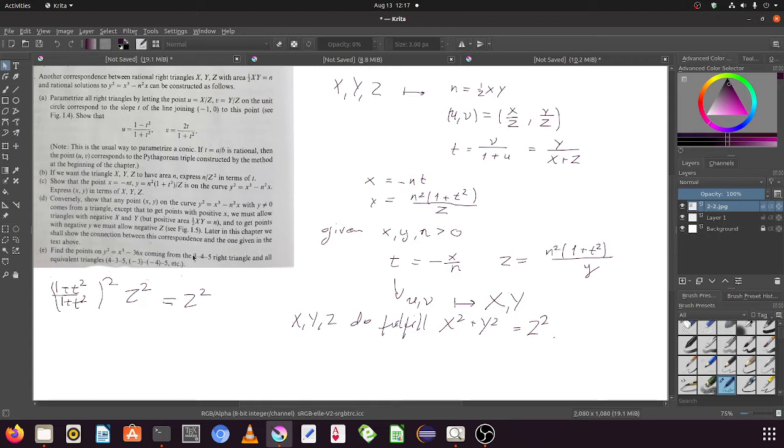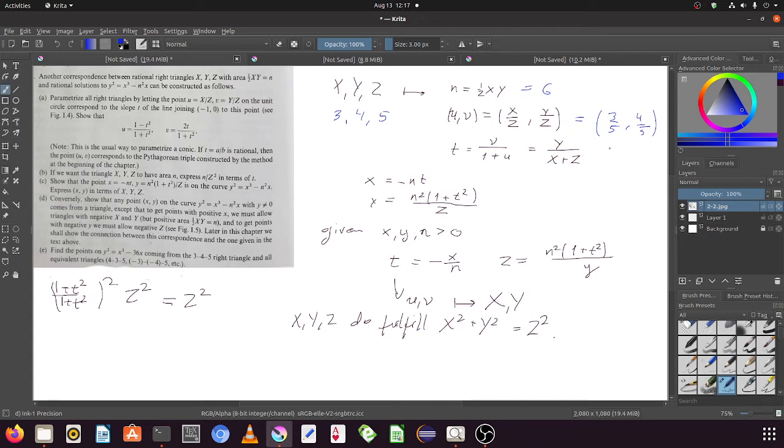So let's just do the 3, 4, 5 triangle first. n equals 6, and this point is 3/5 and 4/5.